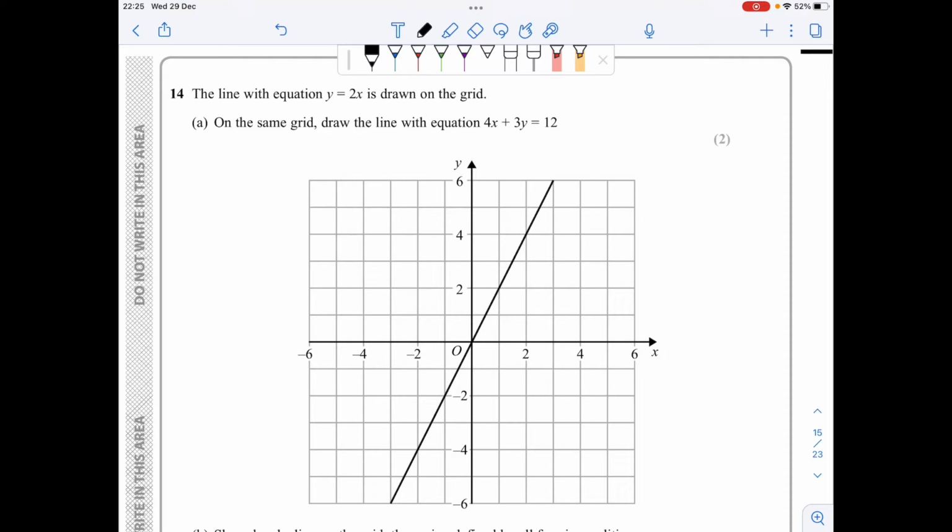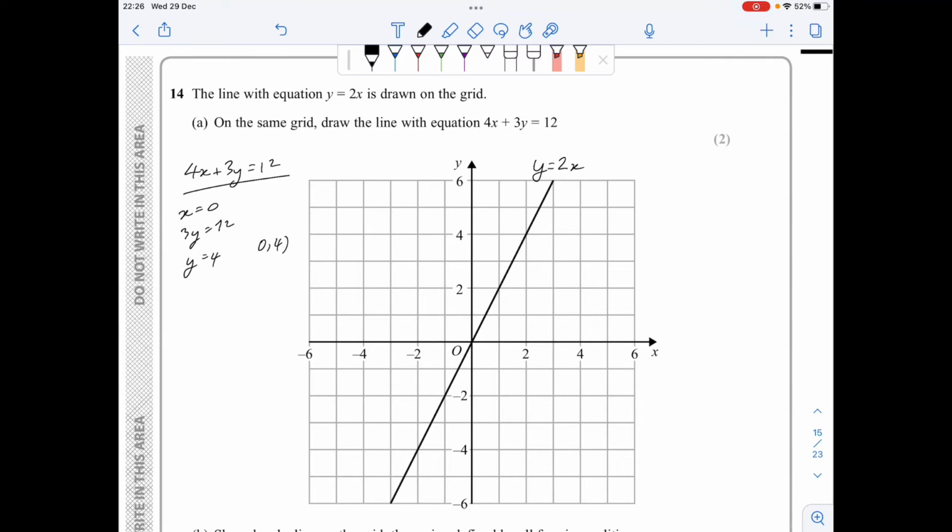In question 14, we're given the line y is equal to 2x on the graph. I need to draw the line 4x plus 3y equals 12. To do so, I'll find the two intercepts, the x-intercept and the y-intercept, and then join them with a straight line. So when x is equal to 0, I've got 3y equals 12, so y is equal to 4.